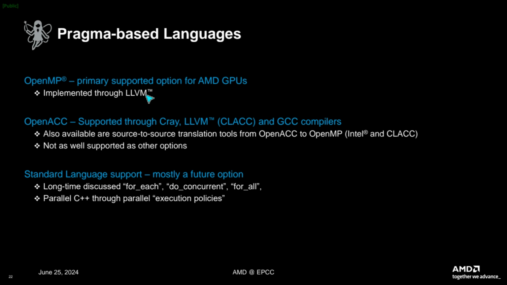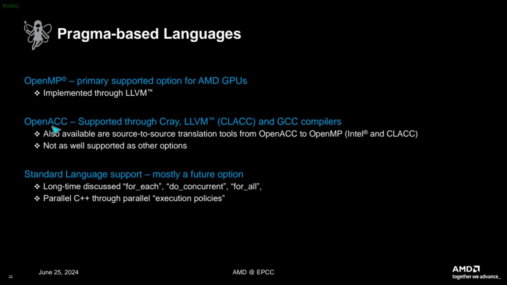Now, LLVM is a compiler infrastructure, so they still put some of their secret sauce on top of the LLVM software, but it's become very difficult for a compiler writer, a vendor, to completely implement all the features in a language today, and so we have a general movement of everybody over to LLVM, and LLVM primarily supports OpenMP.